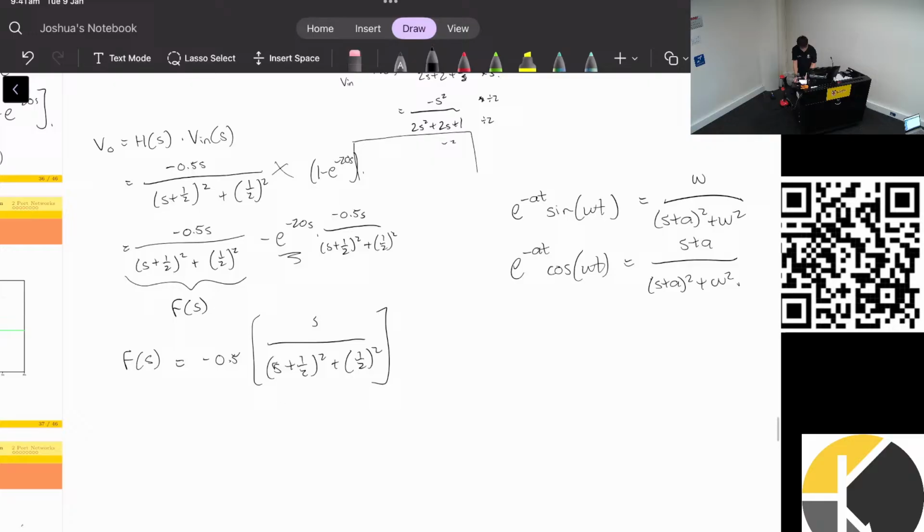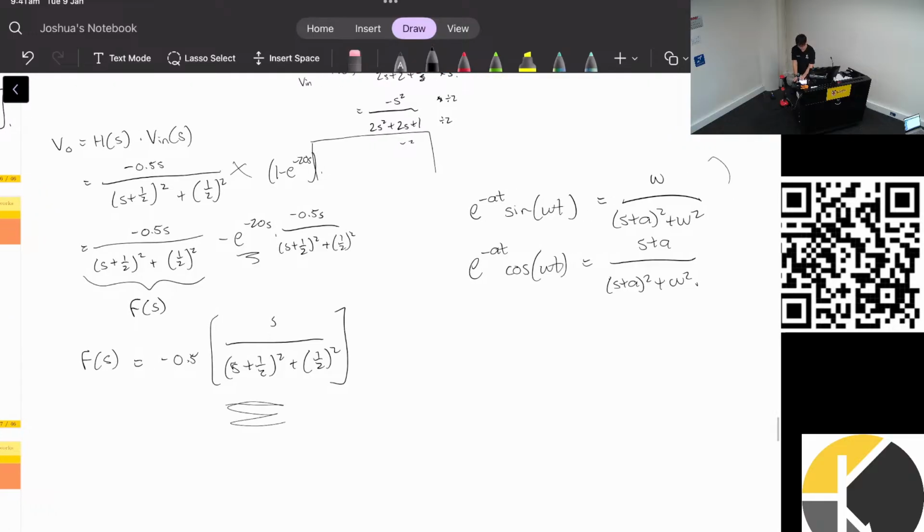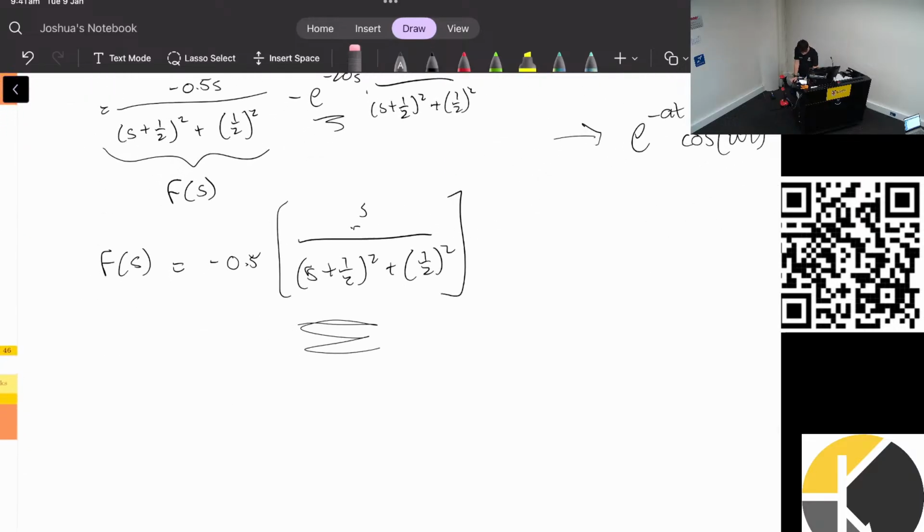So I need to try and get this in the form of one of these equations. I see that I have an s, so immediately I can't go straight to this equation. So I'm going to need to manipulate my expression to use this cos pair. So the way I might do that is I will add a half to this side, and if I'm going to add a half, I have to subtract a half.